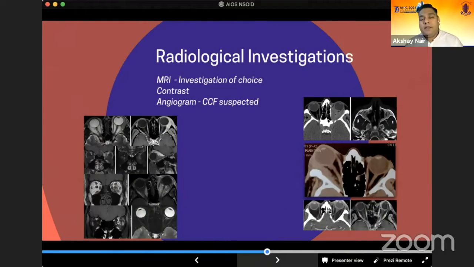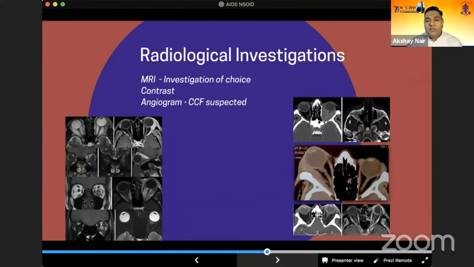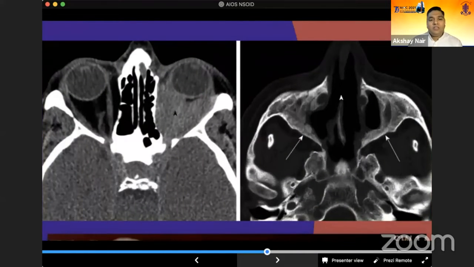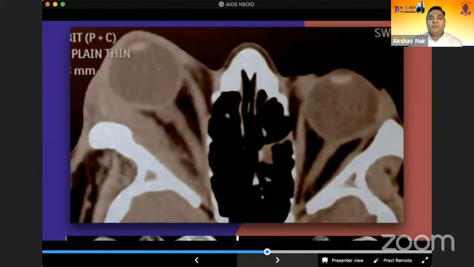If your MRI doesn't reveal anything, and if the radiologist suspects it, an angiogram can also be done to rule out CCF. On CT scans, findings are a little non-specific because it can be iso to hyperdense, irregular intraconal, extraconal lesions where your anatomy may not be that clearly visible.